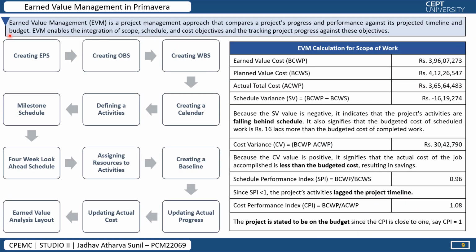Coming to the earned value management in Primavera, we have performed the earned value management in Primavera software for the project. Earned value management is a project management approach that compares a project's progress and performance against its planned timeline and budget. EVM enables the integration of scope, schedule, and cost objectives and tracking the project progress against the objectives.